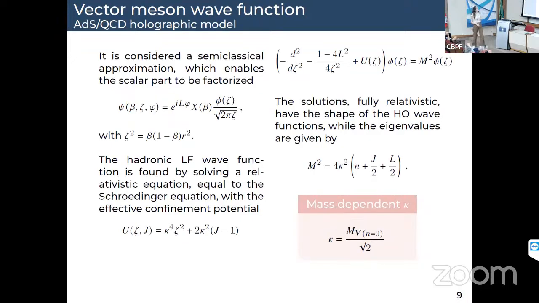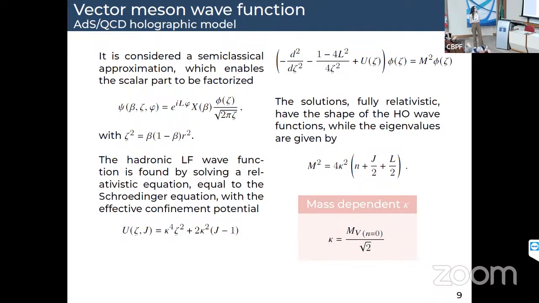In this work, we use the Brodsky-de Téramond approach, which uses the AdS/QCD holographic model. Basically, it considers that the scalar part of the wave function can be factorized into a part that depends on the orbital angular momentum, a part that depends on the fraction of momentum carried by the quark, which is beta, and phi, the part that considers the dynamics of the interaction.